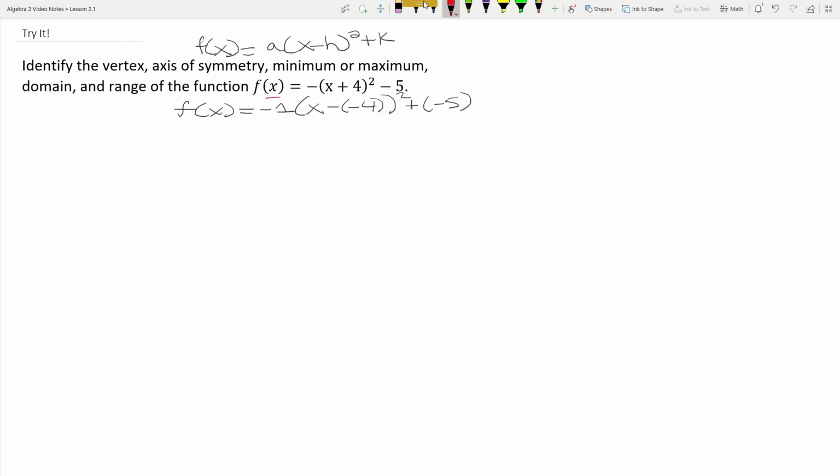So now we know that this is my a, this is my h, and this is my k. If you see that we have plus k, we have minus h, which is -4, and then we have a. So now we know what our vertex is.